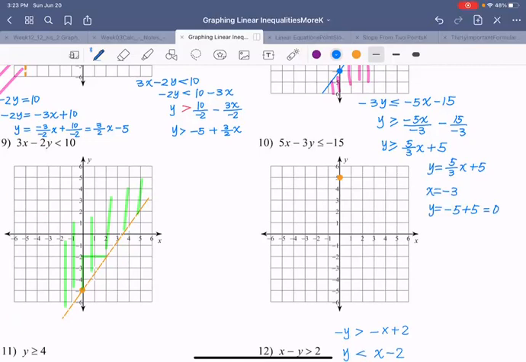Very good. Sorry, negative 3 here. Correct? You see here, you choose this point. Rise over run. Rise by 5, run by 3. Yeah, you connect.